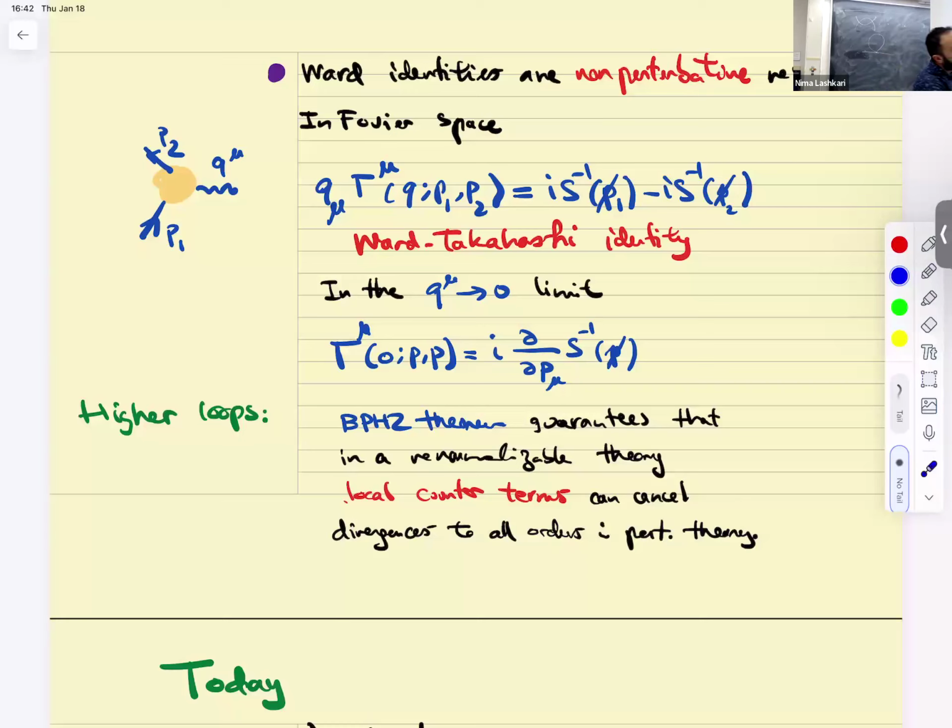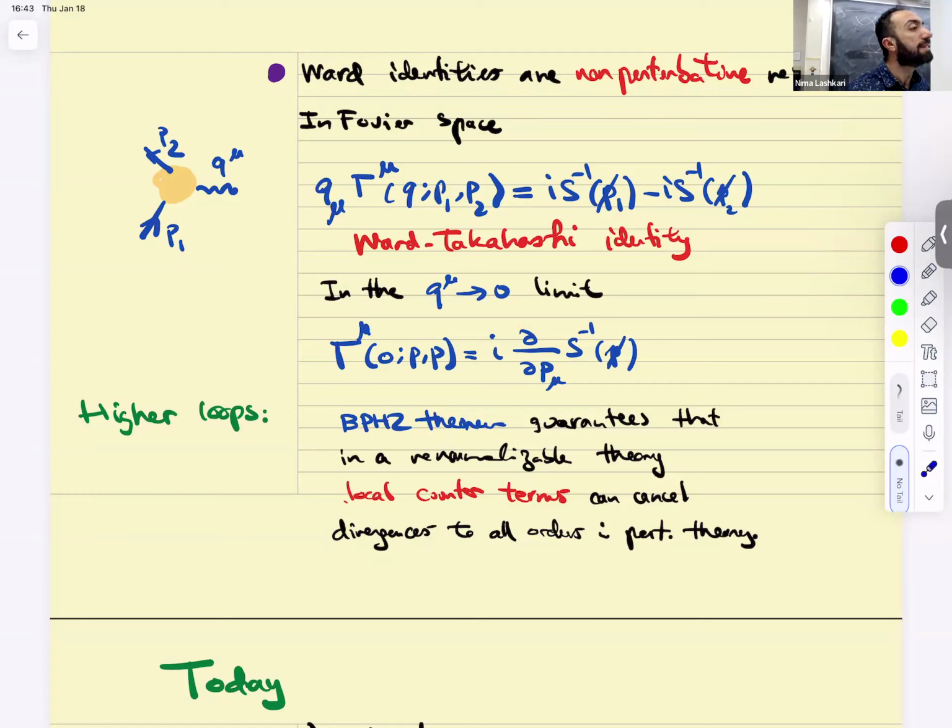So if you take an arbitrary quantum field theory that you know is renormalizable, then based on the definition of renormalizable that we have, even if you do this to 23 loops, there should exist a finite number of counterterms that all look like local terms in the action, and they will cancel divergences.